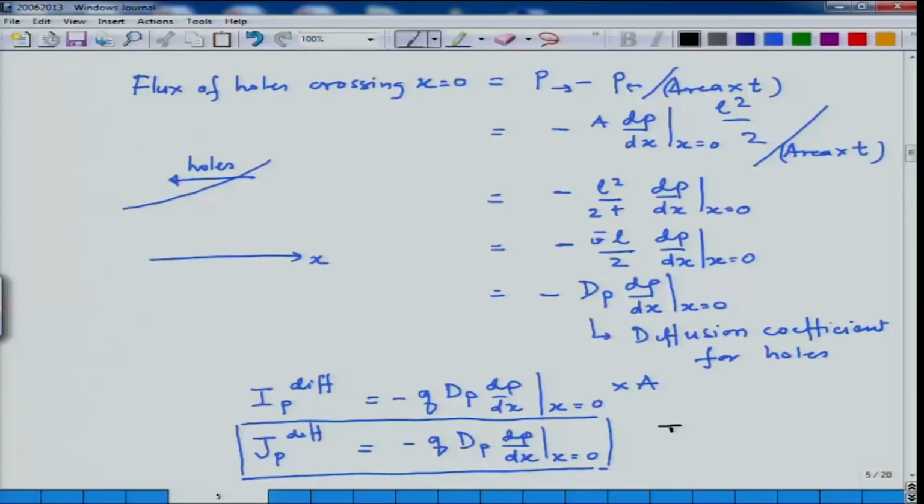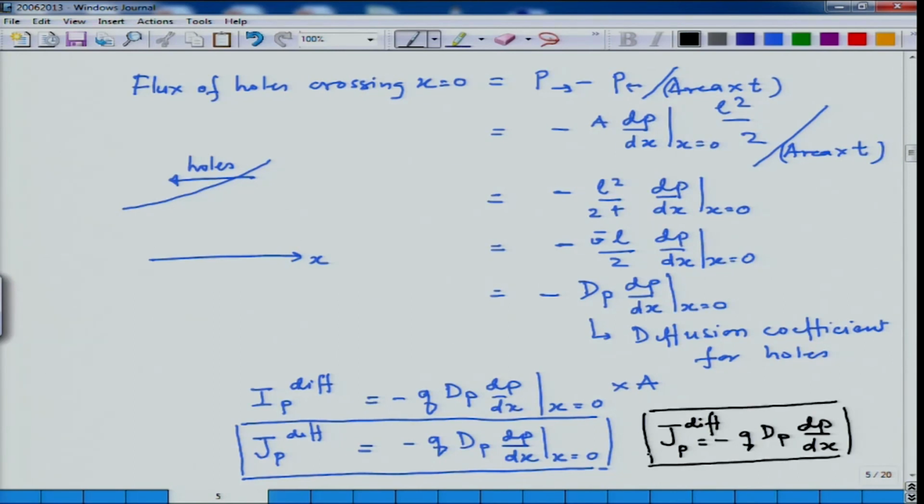So, this choice of x equal to 0 was mainly to keep the math simple. Hence, in general terms, I would write this equation as the diffusion current given by the diffusion constant for holes times dP dx, and at any x I evaluate, this will give me the diffusion current due to holes.